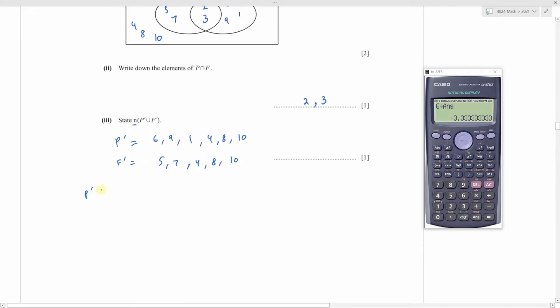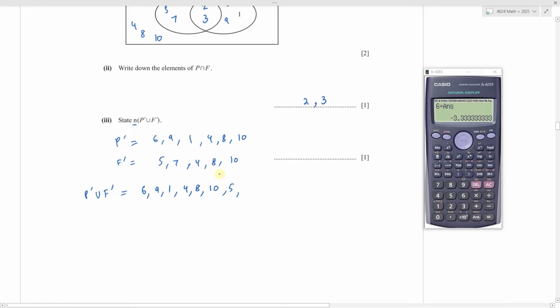Now, P complement union F complement is all the numbers in P complement and all the numbers in F complement, but you have to make sure you don't repeat any numbers. So let's first write down all the numbers in P complement: 6, 9, 1, 4, 8, 10, and then combine with all the elements in F complement, making sure you don't repeat any numbers.